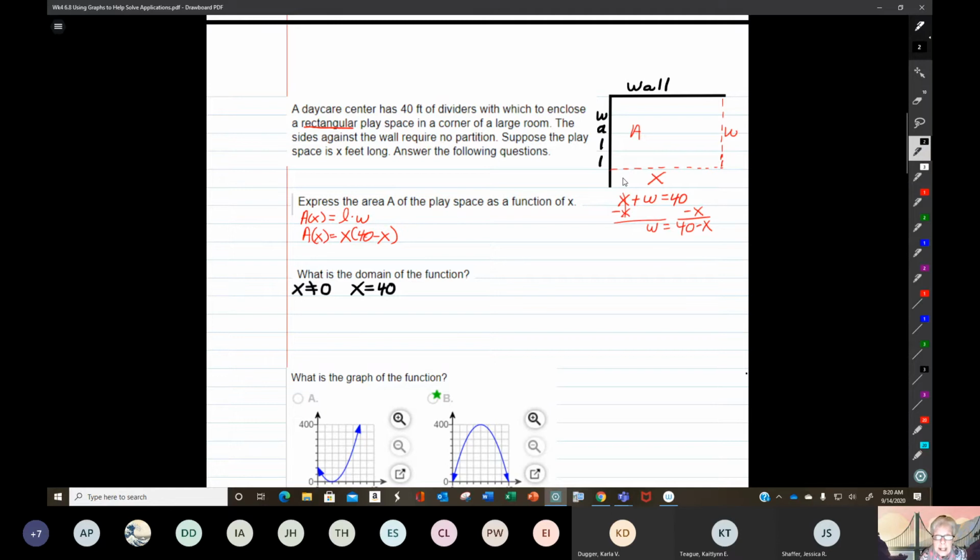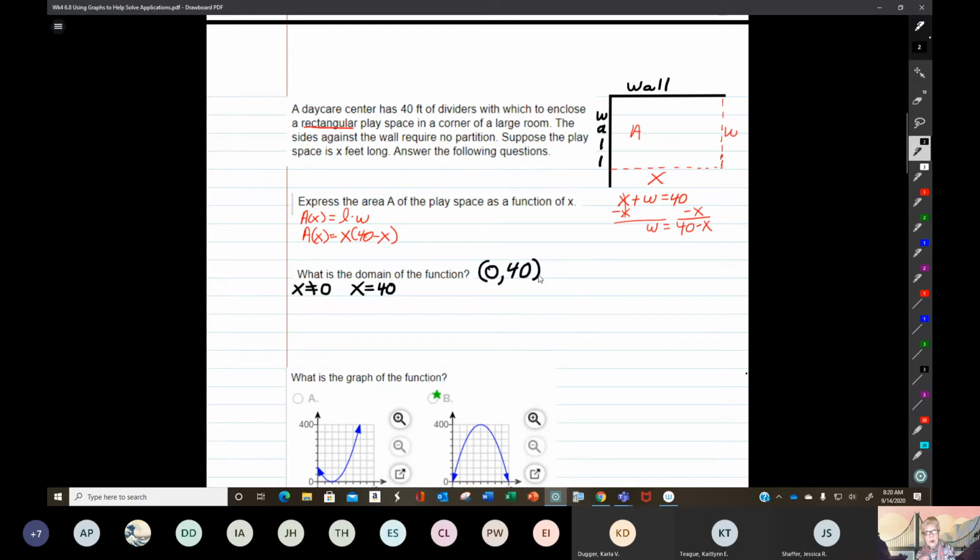So X can be any measurement between 0 and 40, but it cannot equal 0 and it cannot equal 40. So the domain of this play space is going to be all the measurements in between 0 and 40.